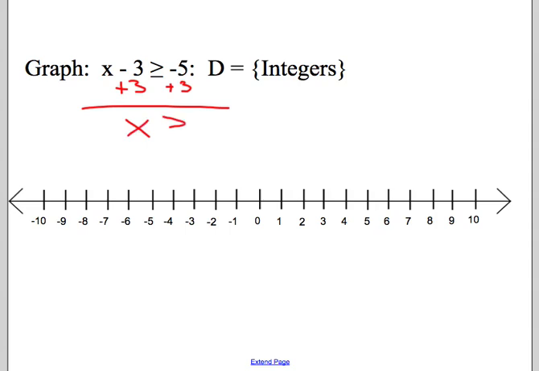So x is greater than or equal to -2, and the integers. What integers are greater than or equal to -2? And again, you wouldn't have to draw out that big of a number line to do that.